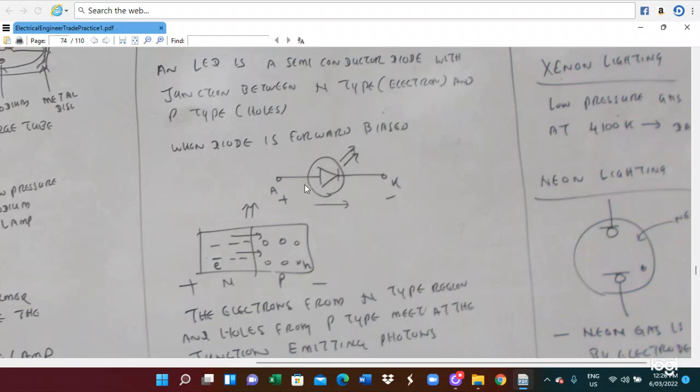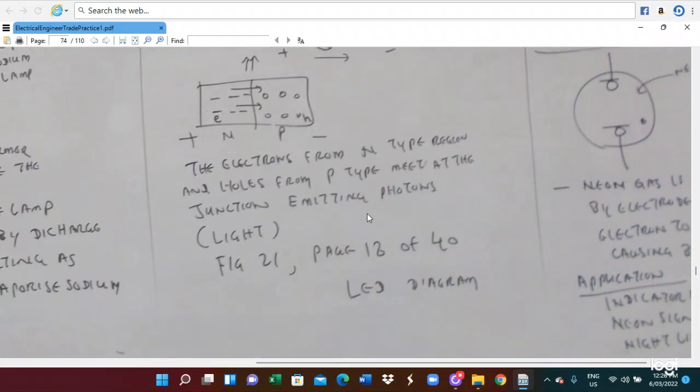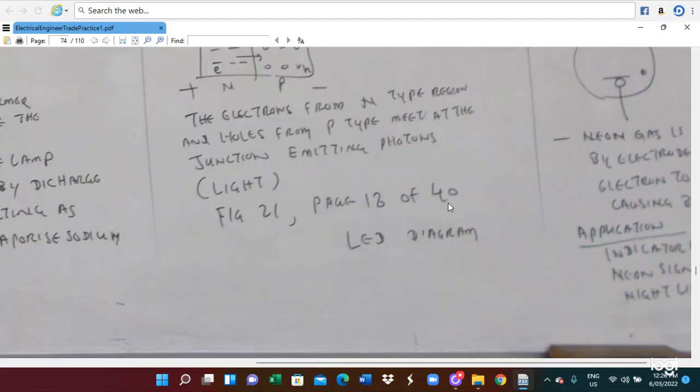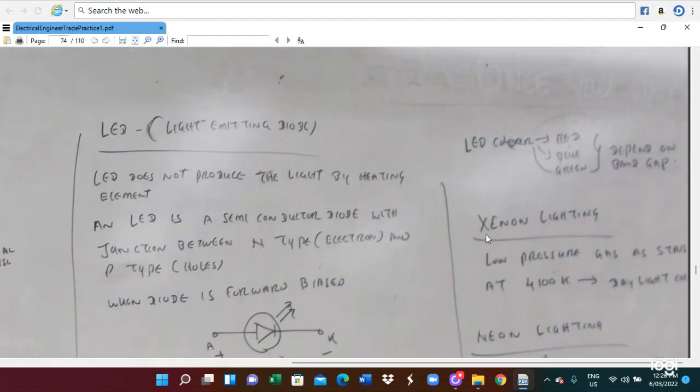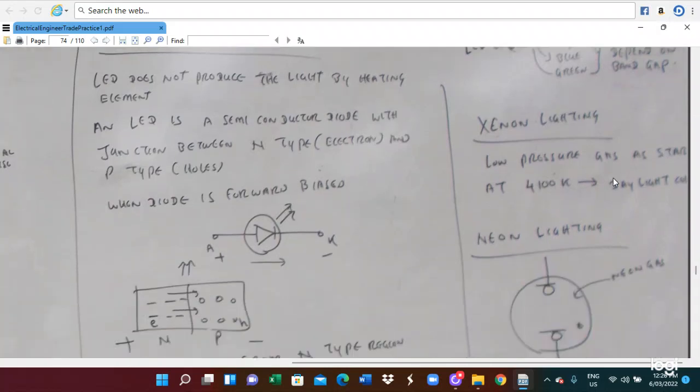When the electrons come from the N type and the holes from the P type, they meet at the junction and emit photons as light. Here is the LED color. The LED color depends on the kind of material, so it can be red, blue and green.